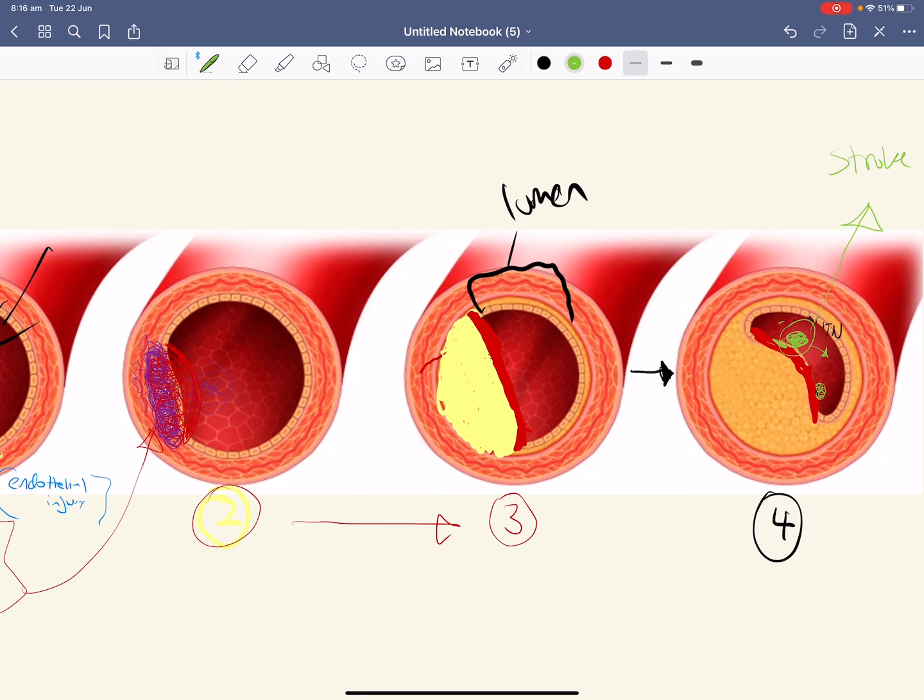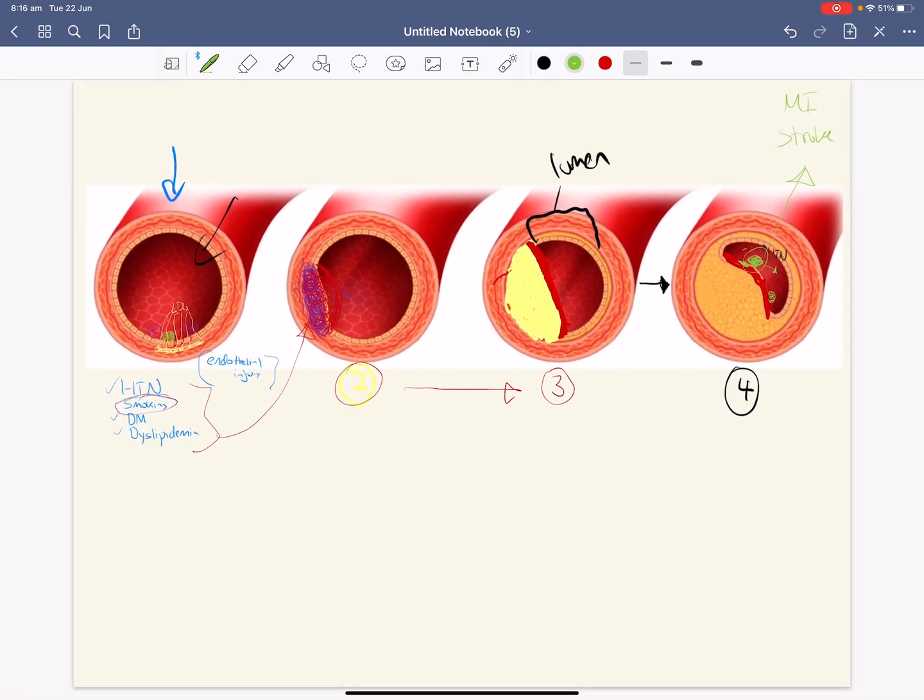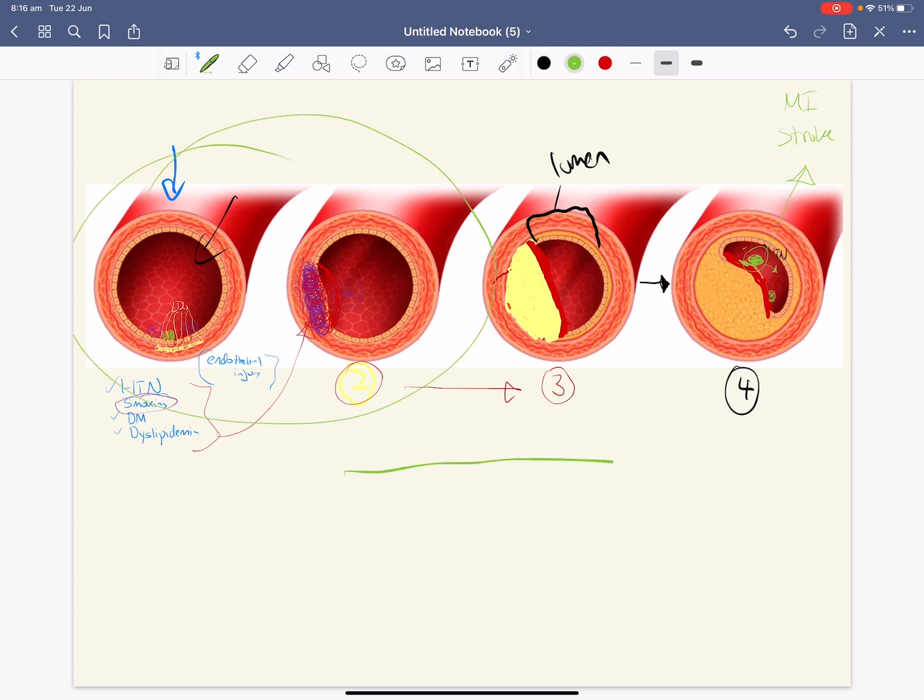Okay. Or it could go downstream and cause an MI in the heart. So this hopefully is illustrating how atherosclerosis can be a fairly benign process of aging, but moving towards more sinister effects based on probably the risk factor profile of the person.